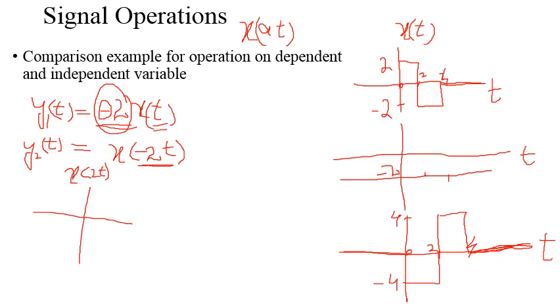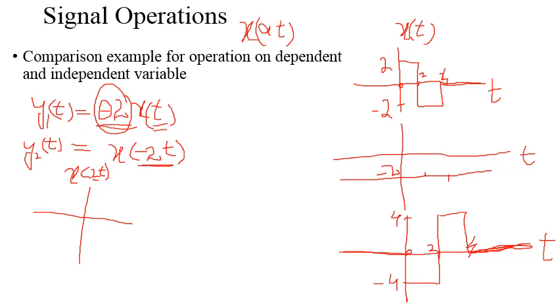So for example, if a equals 1 by 2, in that case x of at will be the stretched version of x of t by an amount of 2. Now because we are given a equals 2, that means x of 2t will be the compressed version of x of t, and that's also by an amount of 2.